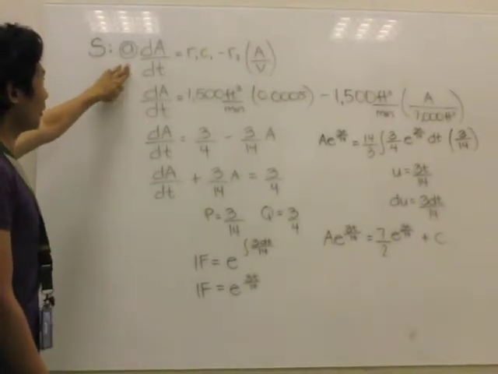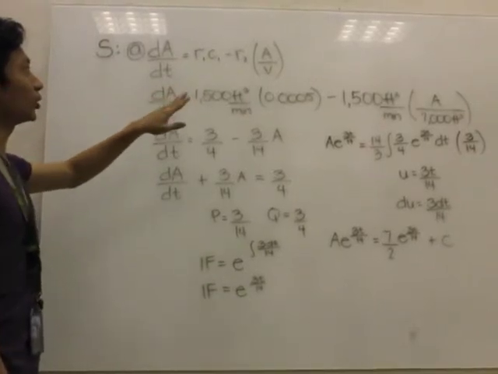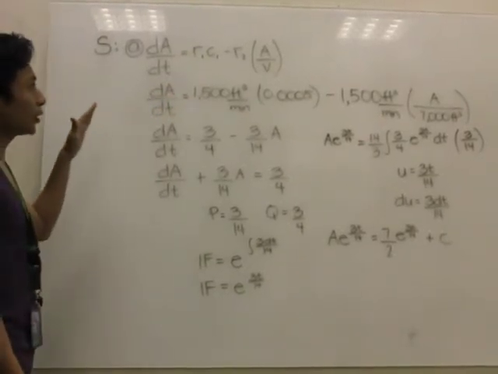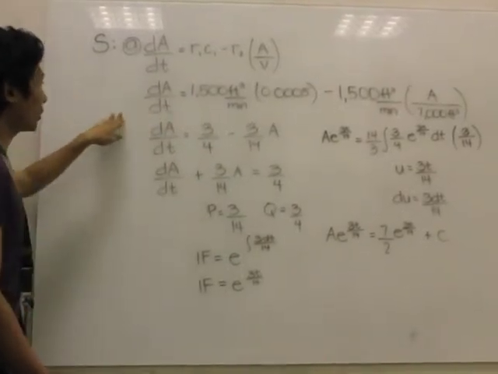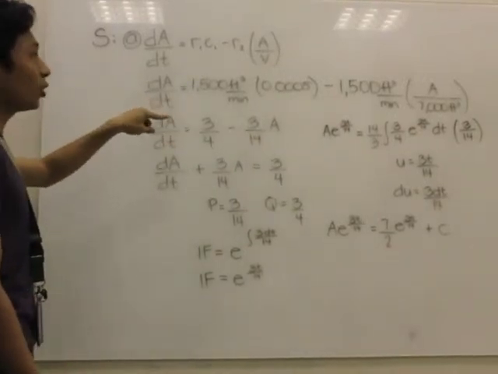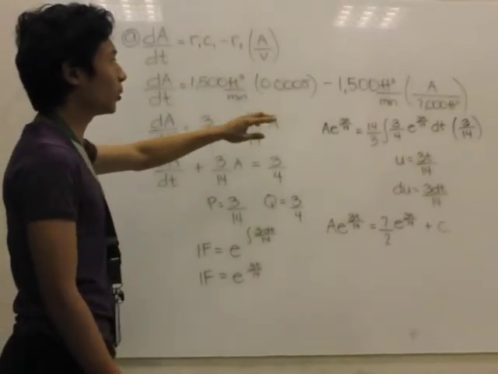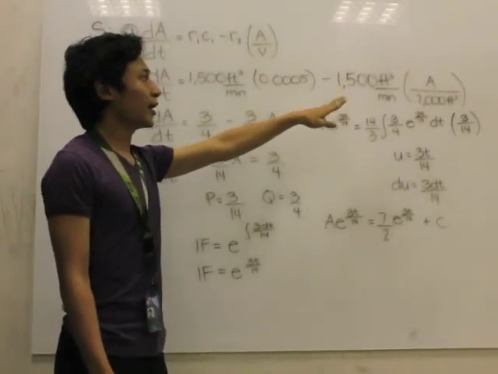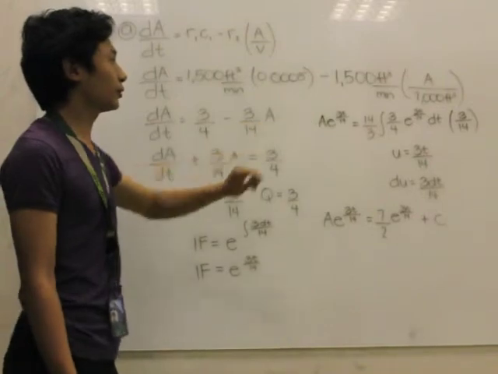So dA over dt is equal to R1 C1 minus R2 times A over B. Putting all the given in it, the equation will be dA over dt equals 1,500 cubic feet per minute times 0.05%, that's C1, minus 1,500 cubic feet per minute times A over 7,000 cubic feet.